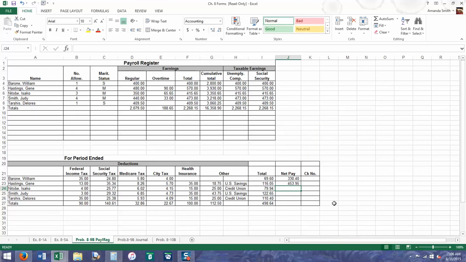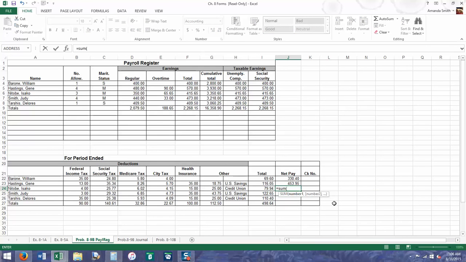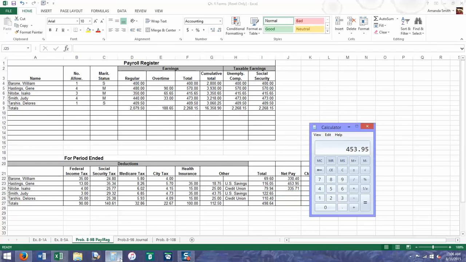If you want Excel to do it, you can type equals sum, put a parentheses, subtract, take their total, enter the minus sign, and click on the total at the bottom. Gives you $335.71.